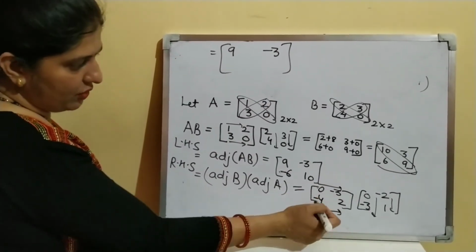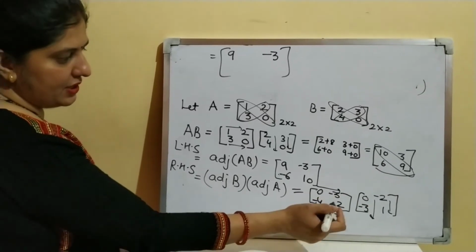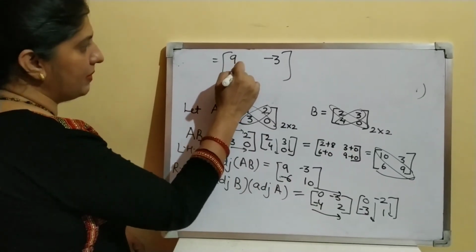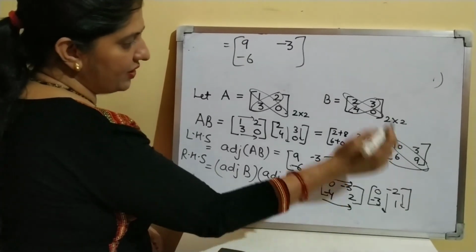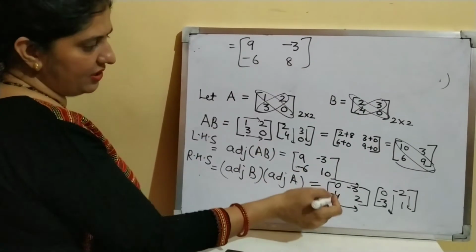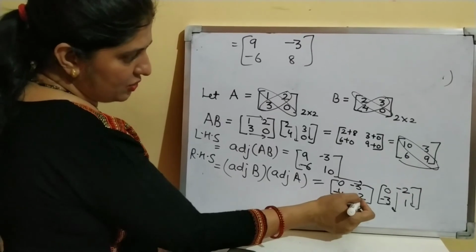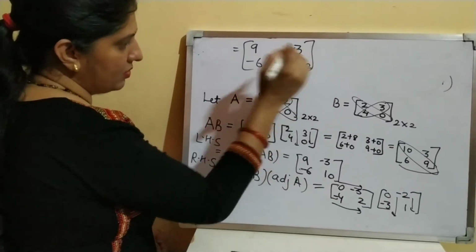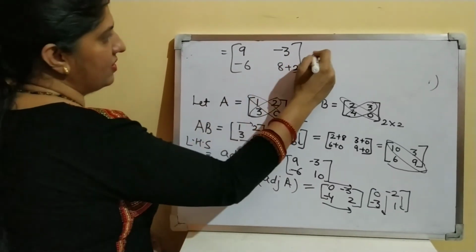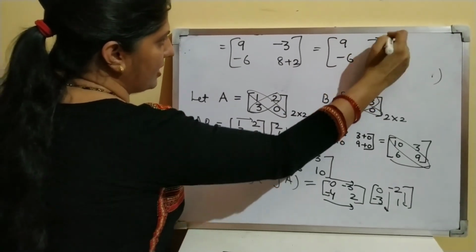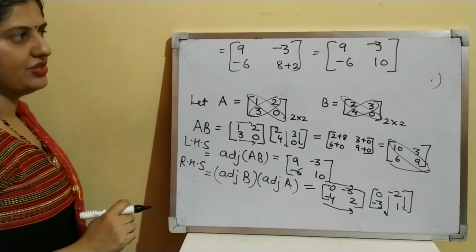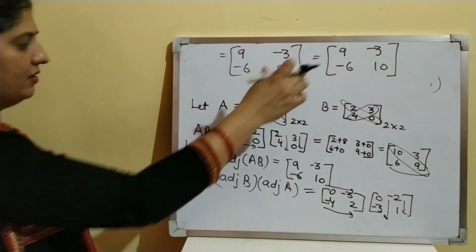Second row with first column: -4 into 0, 0, plus 2 into -3, -6. Second row with second column: -4 into -2, 8, plus 2 into 1, 2. So we get 9, -3, -6 and 10 as the entries of a square matrix.